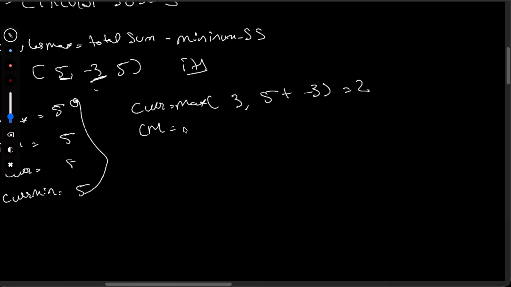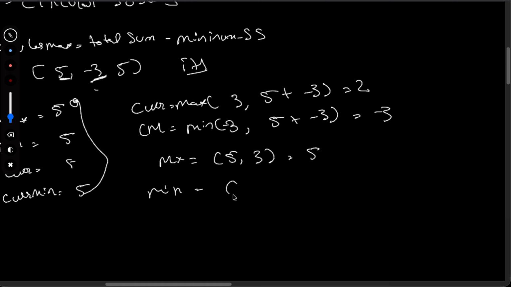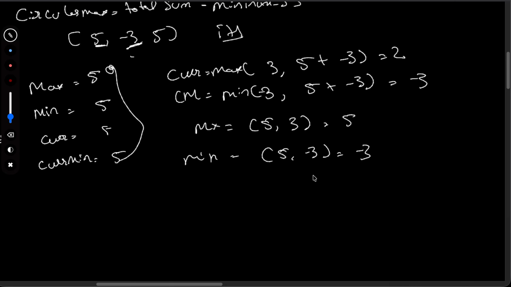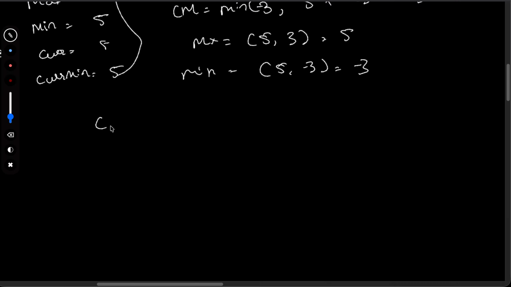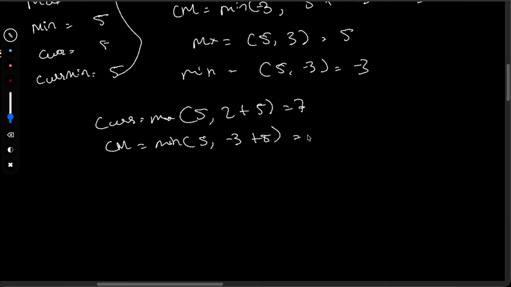Now current min, we call the min function: -3, or 5 plus -3 is 2, so -3. So the max is 5, and the min is -3. Next value is 5. Current max: we call max function, 5, or -2 plus 5, so it's 3. Hmm, current min: we call min function, -3 plus 5 is 2, so the min is -3. The max of 5 and 7 is 7. The min is -3.